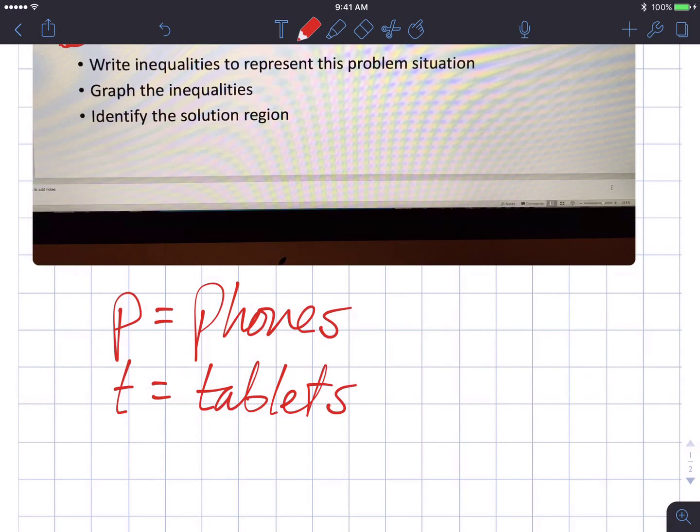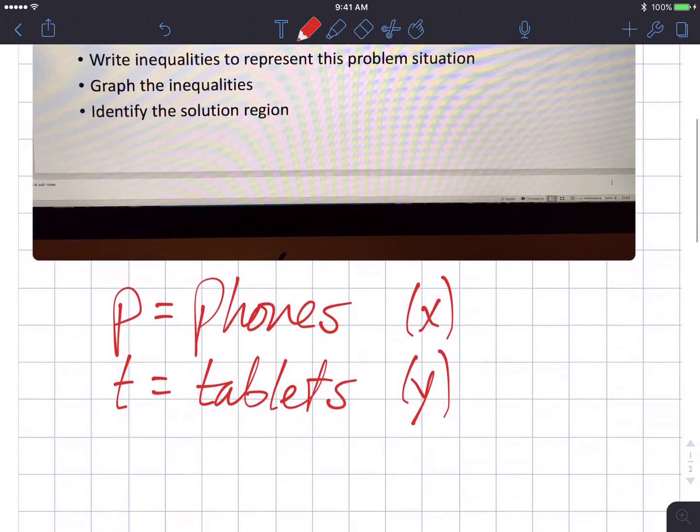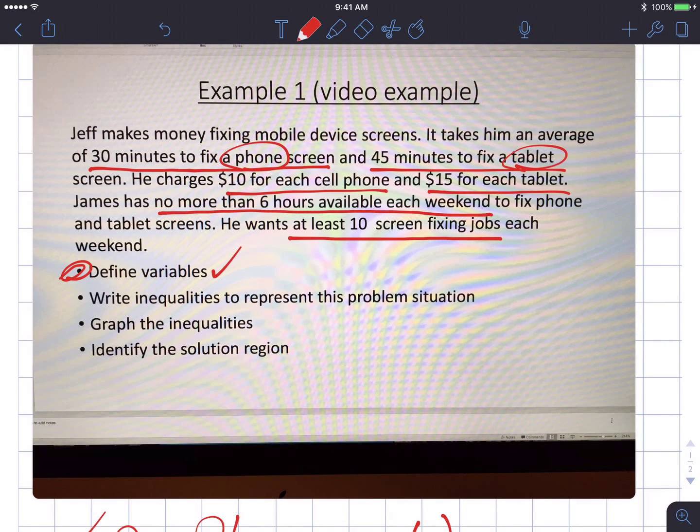Now, just in case that is difficult for you, like you don't like working with P and T, we'll just put on the side here X and Y. So that maybe will help you out. So it says define variables. This looks like we defined them here. Check, check, check. That's done.